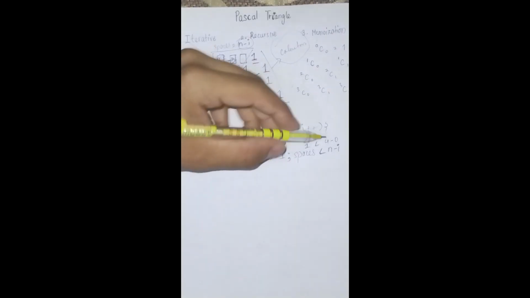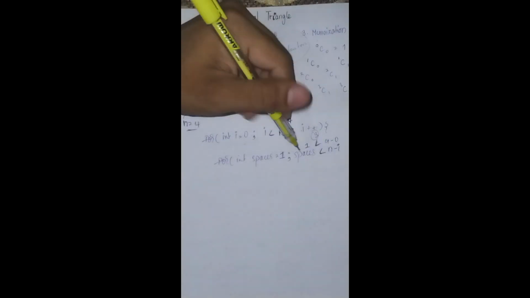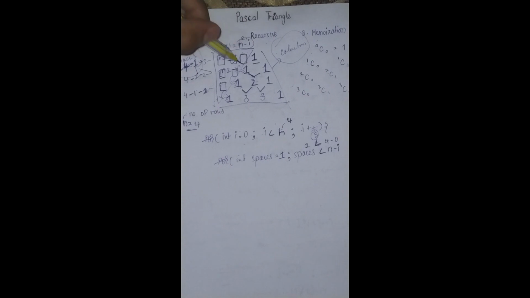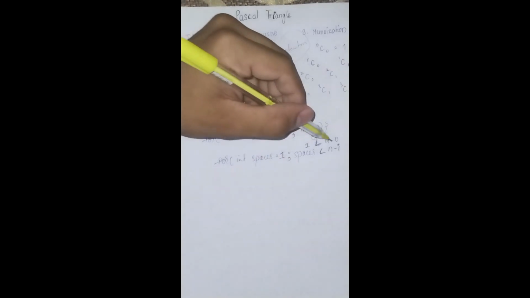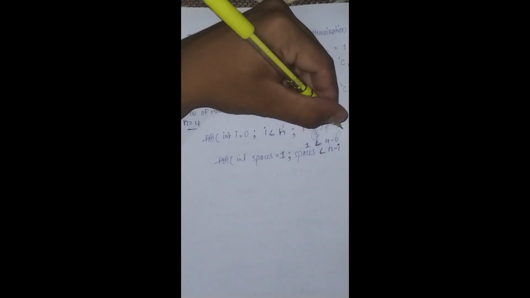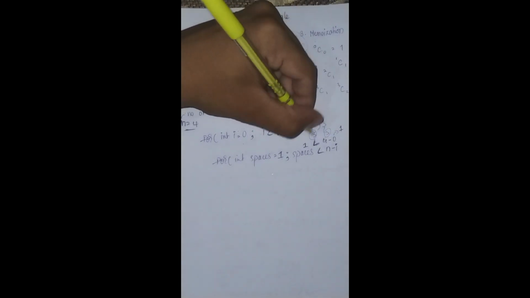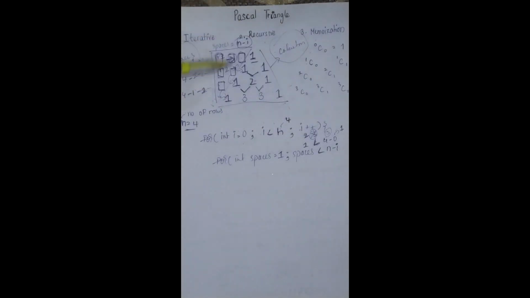It is showing less than 4, right? So it will go till 3, it will not go to 4. If we wrote equals to, it will go till 4. So we are writing less than n minus i. So initially it will print 3 spaces, and then for i equals to 1, for example, I incremented it because it became 1, so it will be 4 minus 1, which is 3, so it will go till 2, and it will print 2 spaces here.